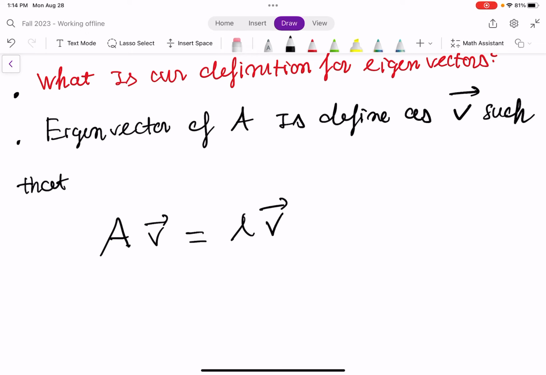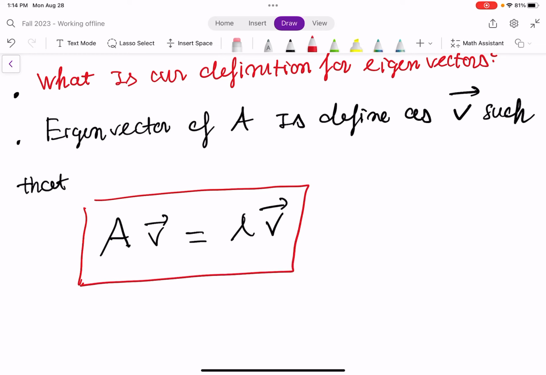So basically, it means that you can use a matrix A to scale that vector. Yeah, so this is the mathematical definition.